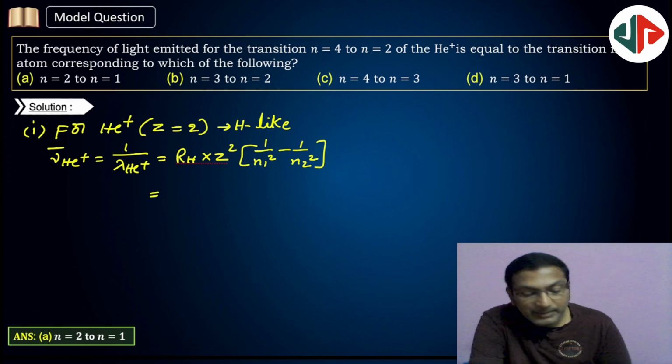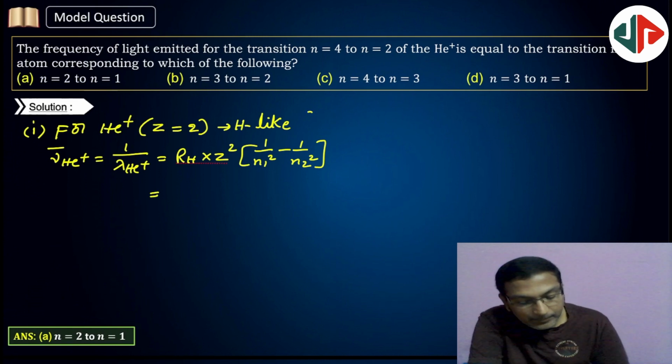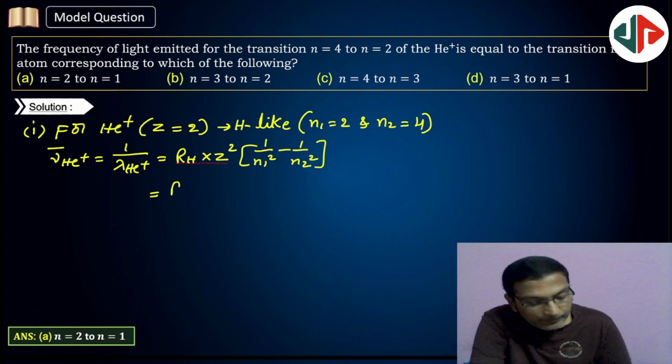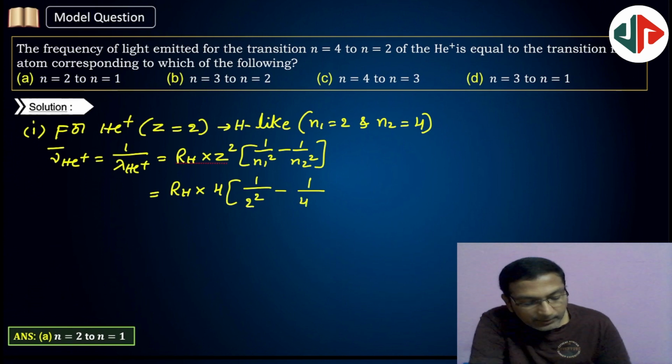So for He plus, the transition is already given. n1 equal to 2 and n2 equal to 4. That is given in the problem. Substitute these values. RH into Z square, Z is 2, square 4, into 1 by n1 square, that is 2 square, minus 1 by 4 square.